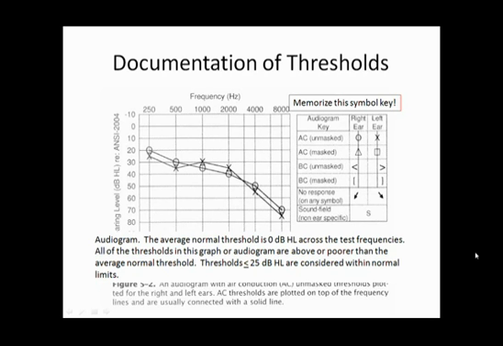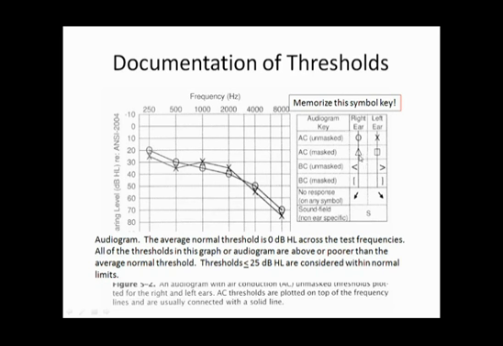This is an audiogram and our symbols for air conduction thresholds. You should memorize the symbol key. The open circles represent unmasked air conduction thresholds. The X's represent unmasked air conduction thresholds.